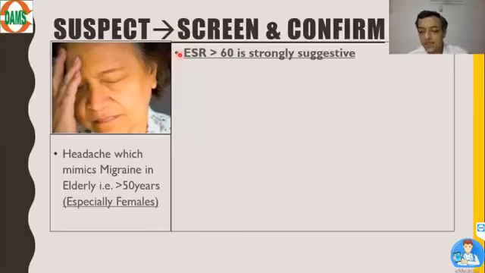The screening test is the ESR. ESR more than 60 is strongly suggestive of the disease. So you can do a screening test using ESR.